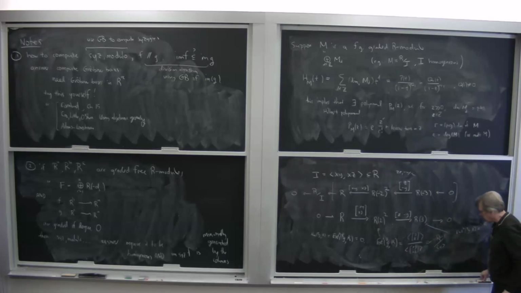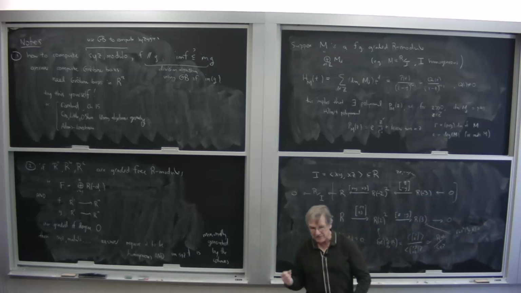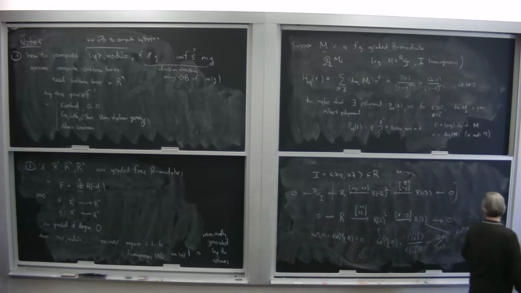This one, -1 is incorrect. It's 1. This is a 1 here. Because I said the generator was in degree -1, and you have to give the negative of that number as the twist. So what is this one? It's R of 3 modulo the ideal generated by Y and Z. Okay.